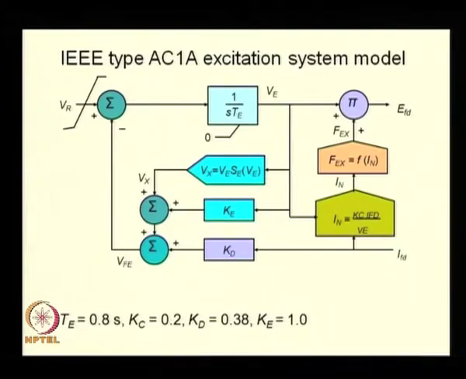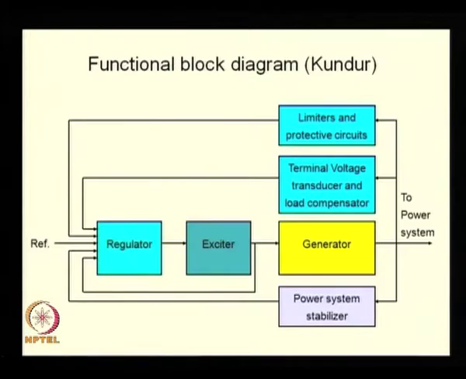Of course, IEEE has come up with standard excitation models. In fact, the IEEE type AC1A model, which describes the model of a brushless excitation system, is given here. The functional block diagram of an excitation system, including not only the power apparatus, but also the regulators, limiters and stabilizers, which effectively form the control system.